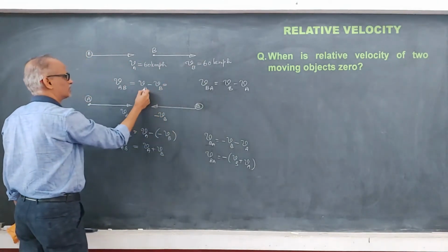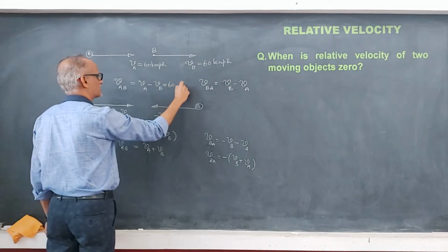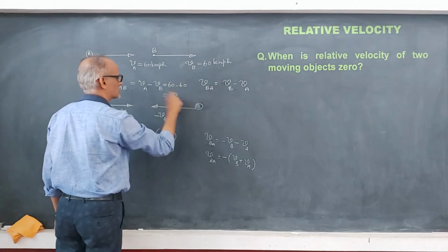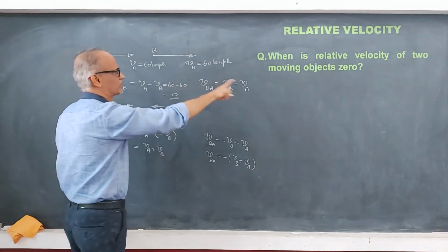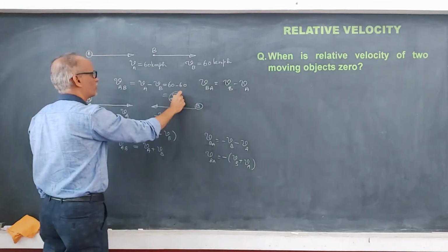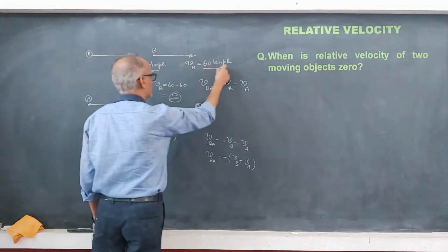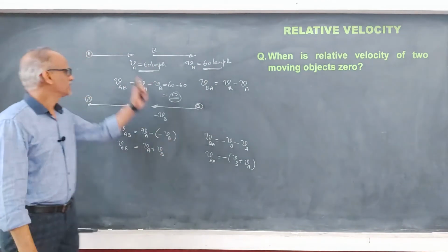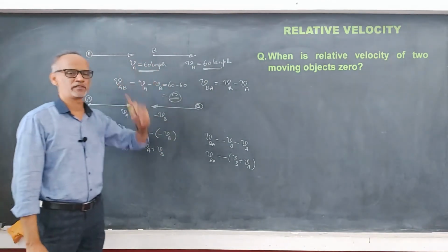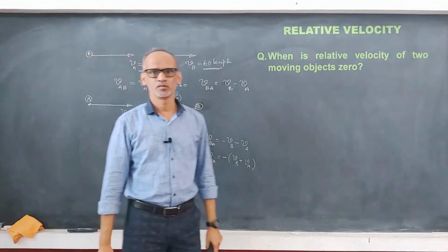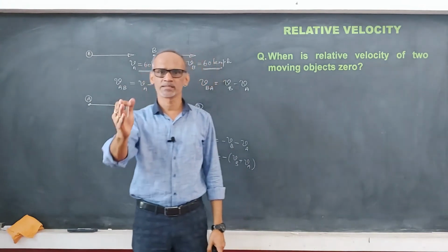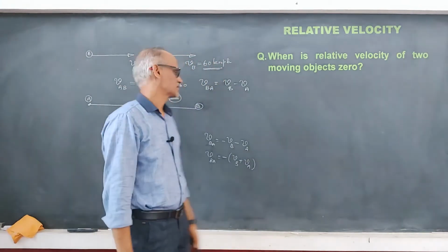What is that equal to? 60 minus 60, that's equal to 0. So the relative velocity of two moving objects is 0 when both bodies move in the same direction with the same velocity.